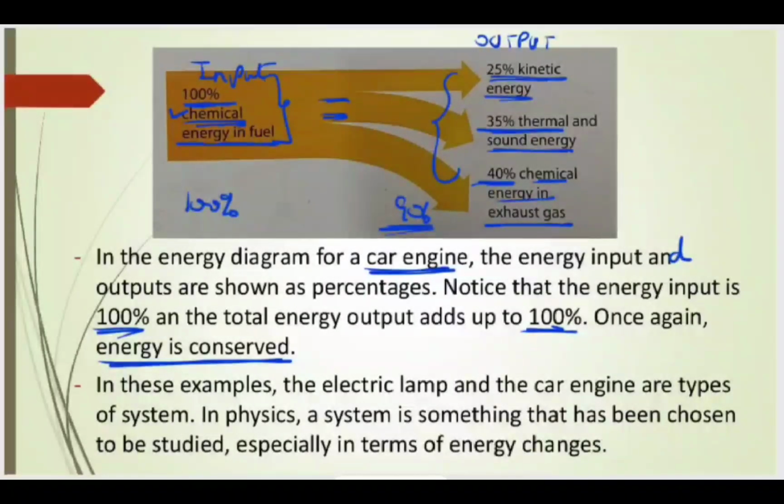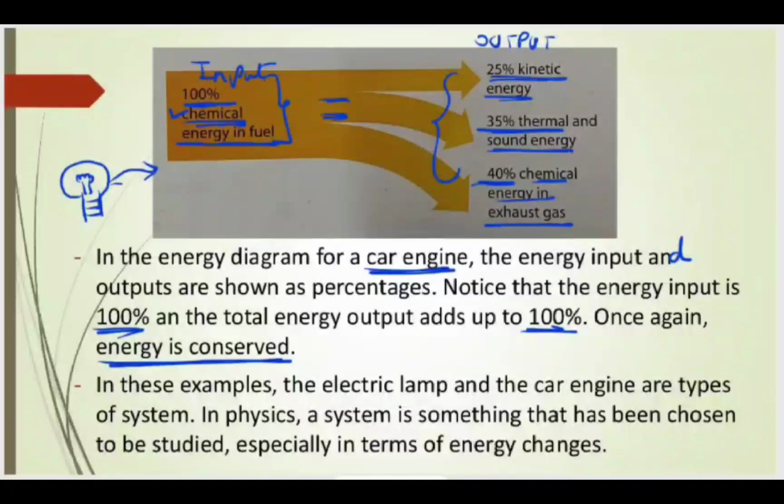That brings me to the concept of efficiency of a particular appliance. For example, take a light bulb. Now what is the function of the light bulb? To give out light. But after some time, if you bring your hand closer to the light bulb, you realize that it is so hot.